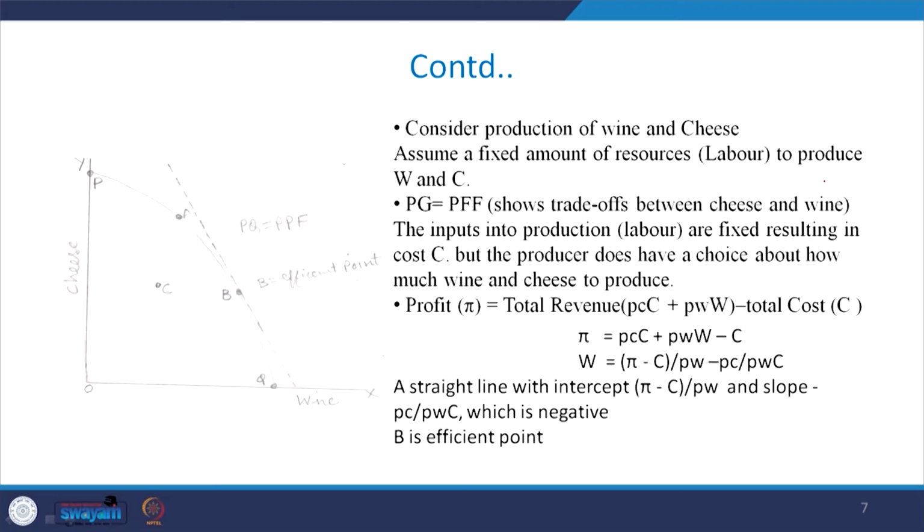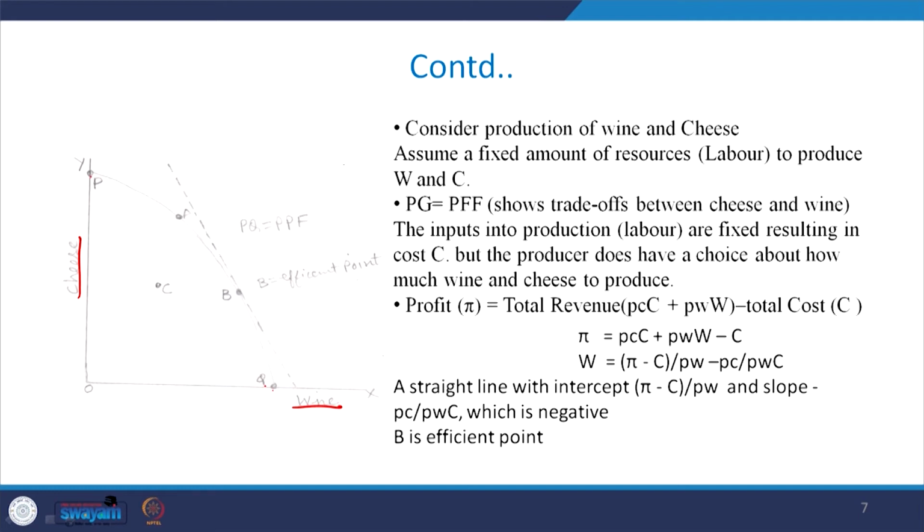So, we are taking in this graph cheese and wine. On the vertical axis we have cheese, and on the horizontal axis we are taking wine, and we draw the production possibility frontier, and that is PQ. So, PQ is the production possibility frontier which shows the trade-off between the production of cheese and wine.